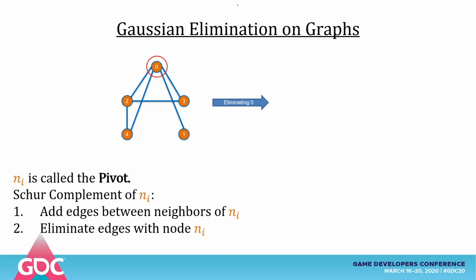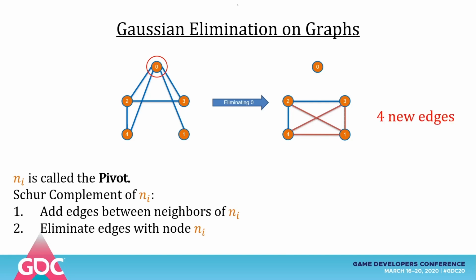On this example graph, let's select node 0 as the pivot and eliminate it. This produces the graph where all neighbors of node 0 are joined by edges, and edges with node 0 are removed. Note that this process creates 4 new edges, meaning this fills in 4 zero blocks in the sparse matrix with non-zero values.